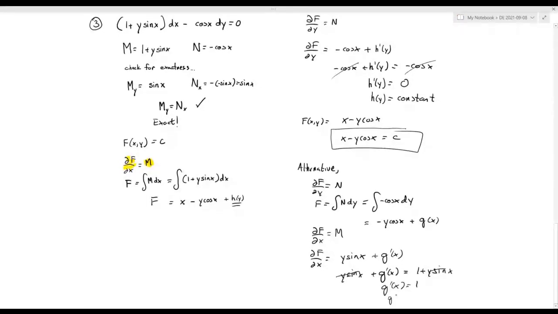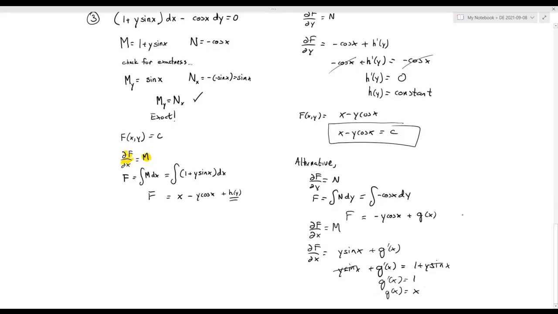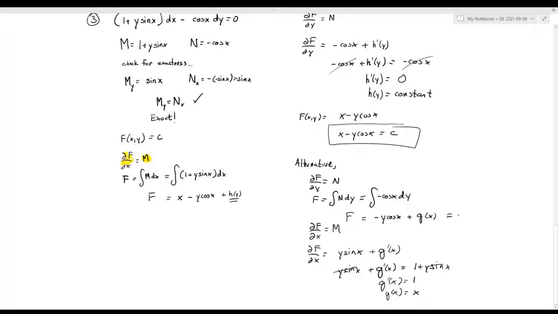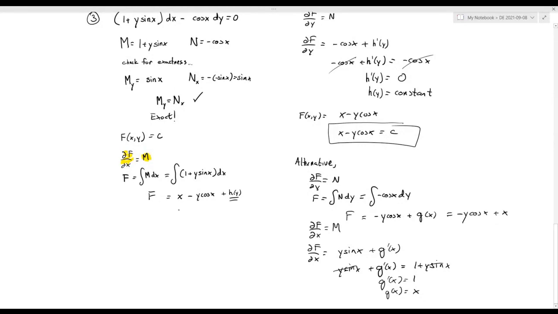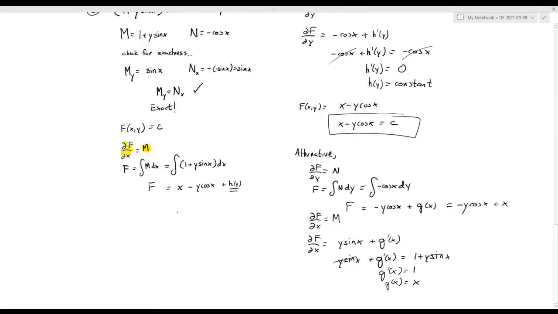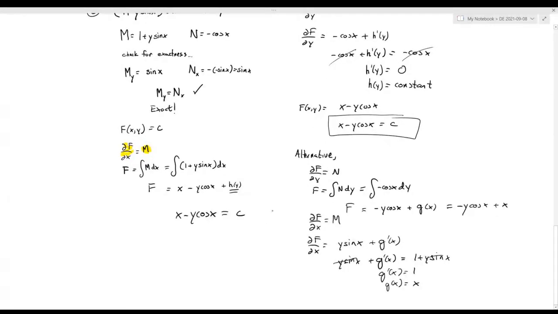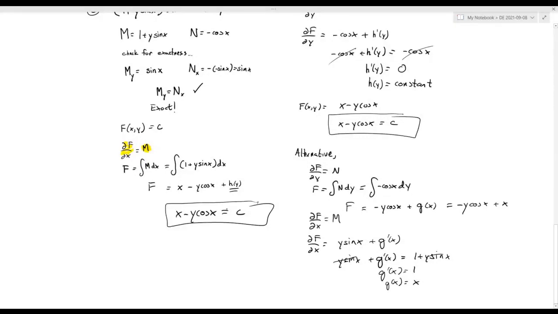So anti-differentiating both sides, we discover that g of x is equal to x up to a constant. So let's update our final function F. We have F is equal to negative y cosine x plus g of x, which is just x. And so our solution curve is exactly the level curve for that function, big F.